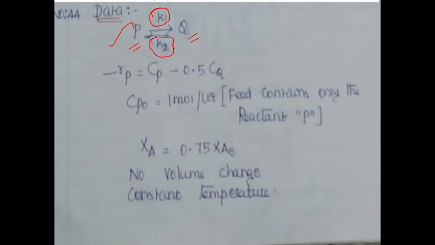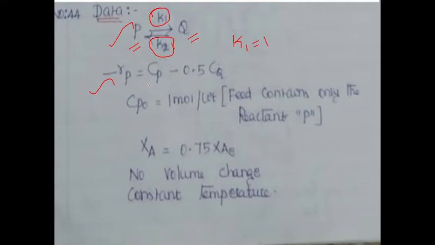The rate of the reaction, minus Rp, is equal to Cp minus 0.5 times Cq. So this means K1 into Cp minus K2 into Cq. From this rate of reaction, K1 is equal to 1.